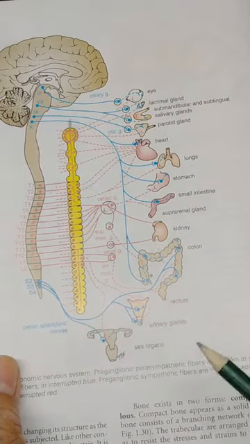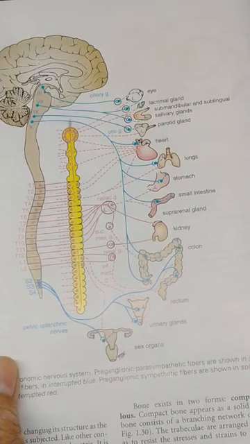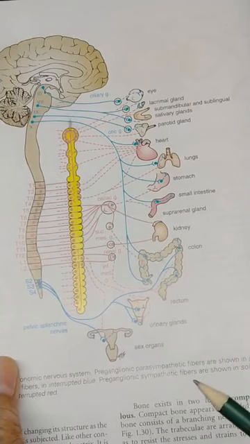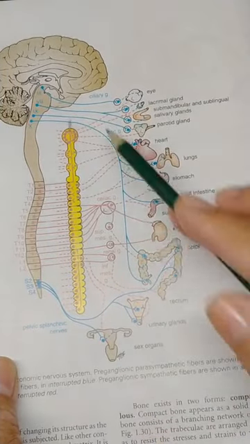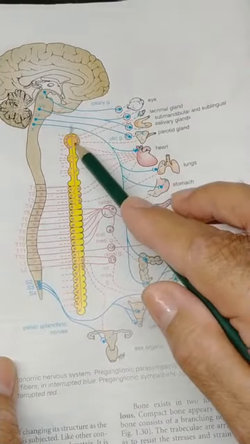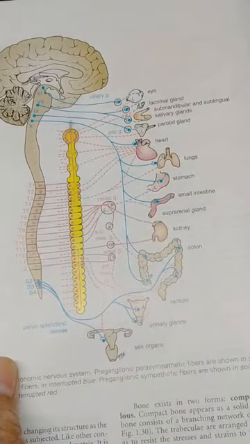So when you encounter the term carotid plexus, these are sympathetic fibers coming from the internal carotid nerve, which comes from the superior cervical ganglion.